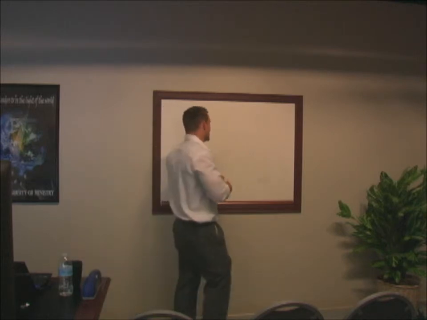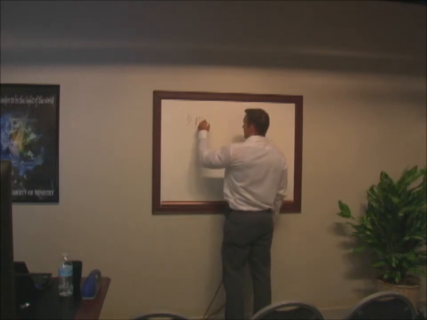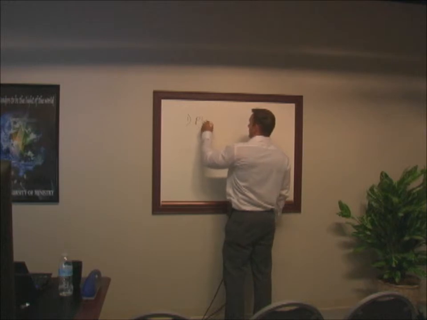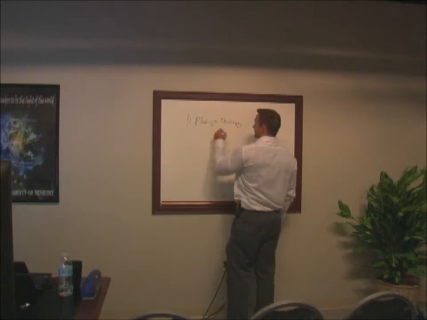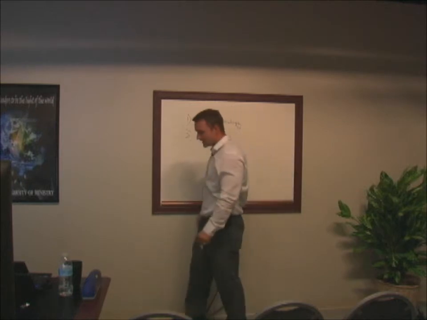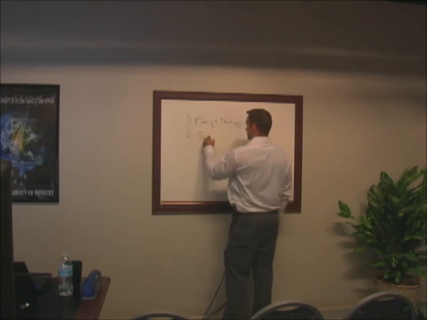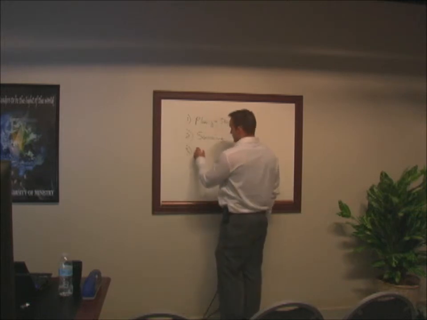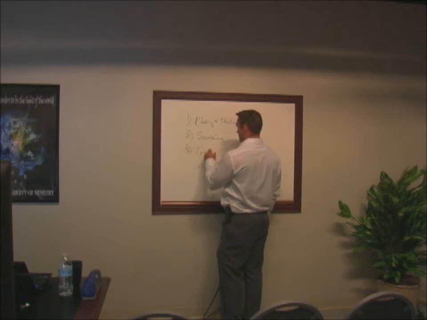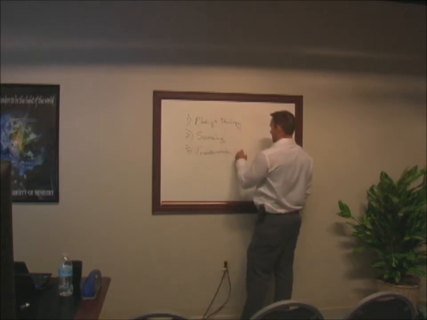So there are 5 of these core activities. The first one is what we'll call planning and strategy, right? Okay. Then the second one is sourcing. Then the third one is the transformation or manufacturing.